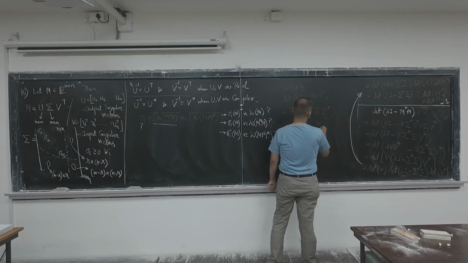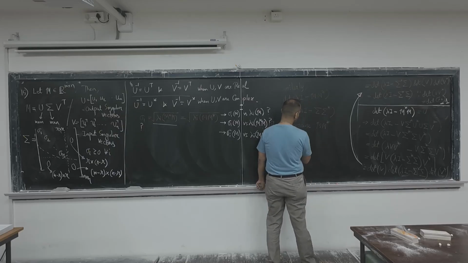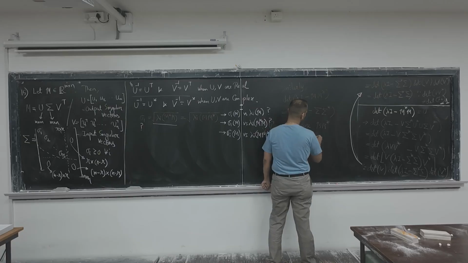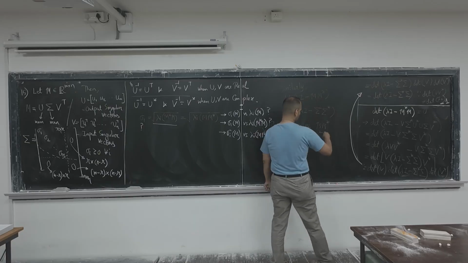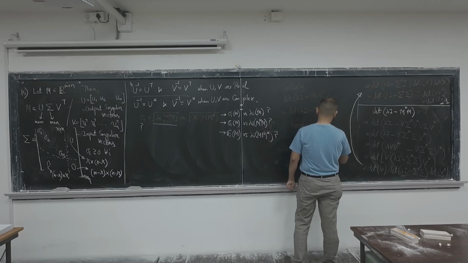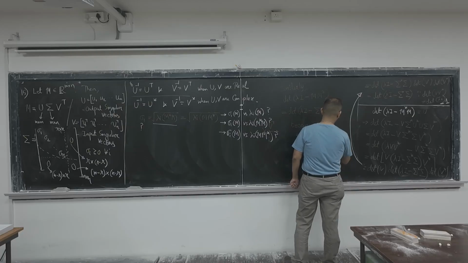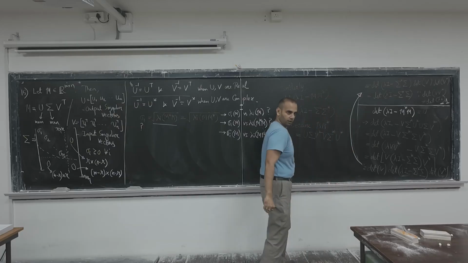Because M star equals U sigma V star into V sigma star U star, isn't it?